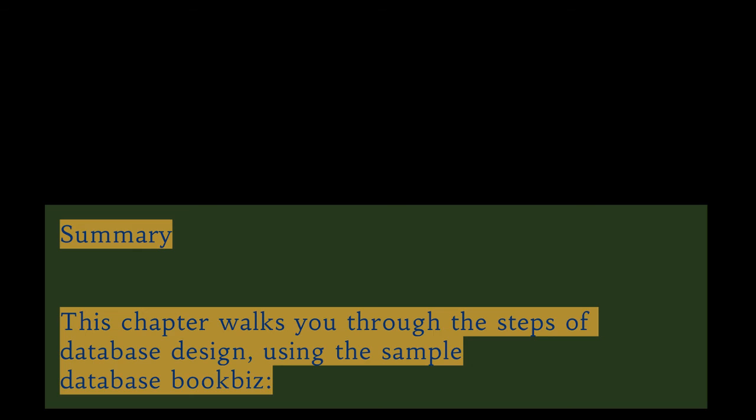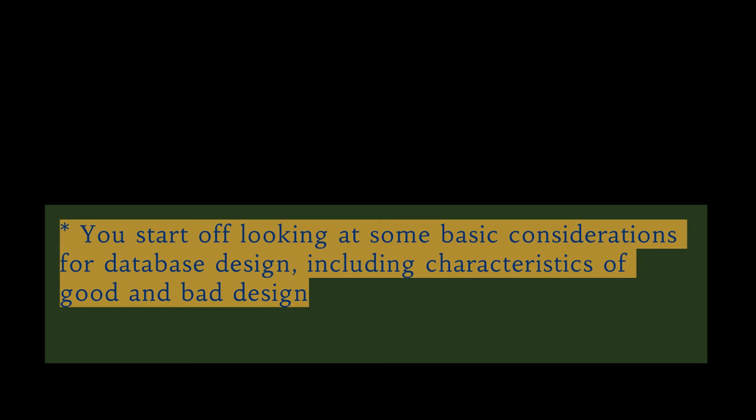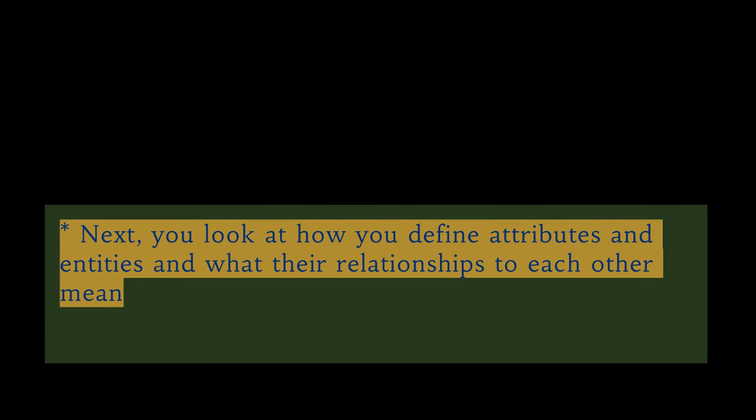Summary. This chapter walks you through the steps of database design using the sample database BookBiz. You start off looking at some basic considerations for database design, including characteristics of good and bad design. Next, you look at how you define attributes and entities and what their relationships to each other mean.